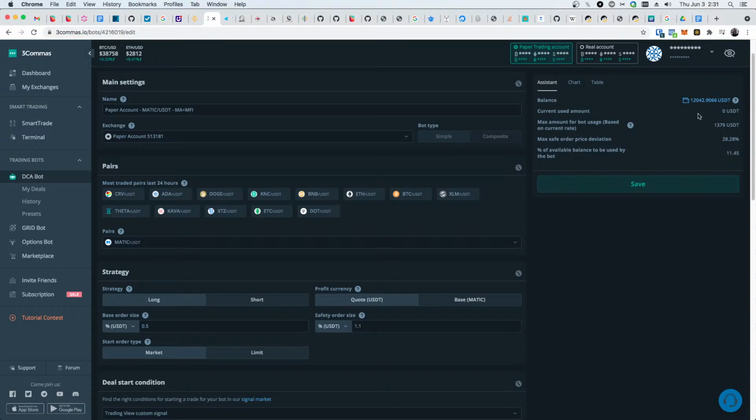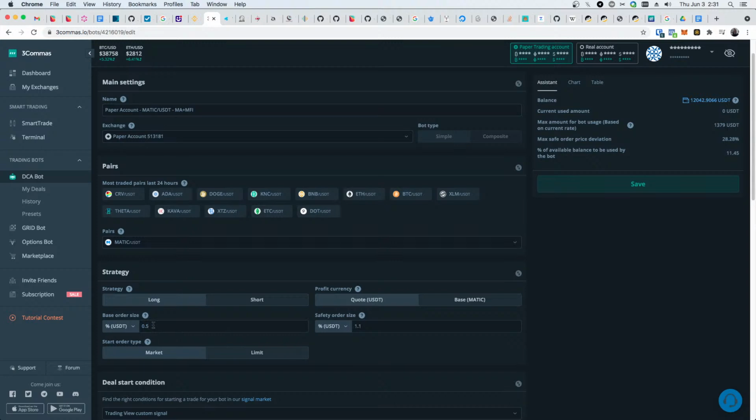So this was taking $12,000 USDT, taking 0.5% of it and making an order, and then a safety order. The first safety order was a 1.1% buy on top of that, in a market order.